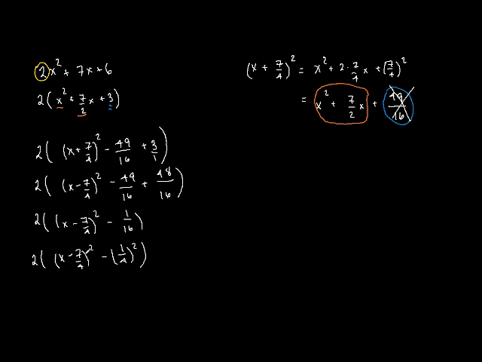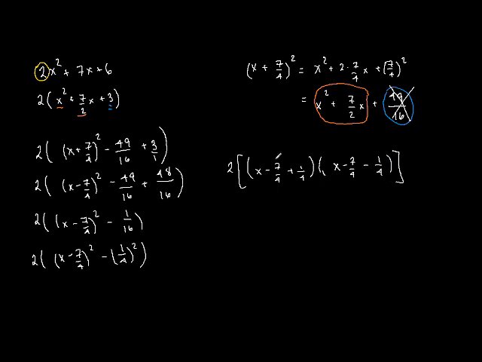Now, almost done. I noticed that inside the bracket what I have is the difference of 2 squares. So I can now apply the rule I know for difference of 2 squares. This gives me 2 times the first thing plus the second, x plus 7 over 4 plus 1 over 4, times the first thing minus the second, x plus 7 over 4 minus 1 over 4.